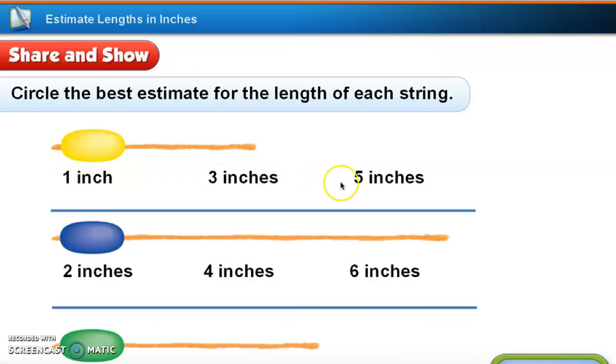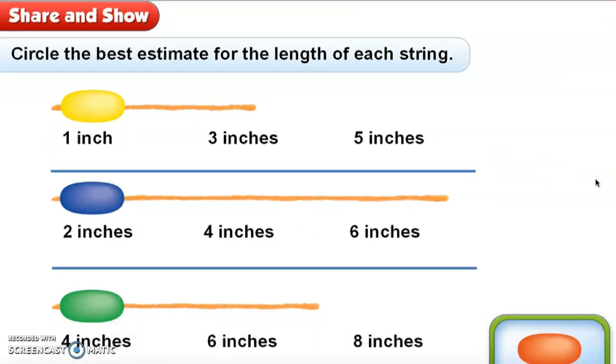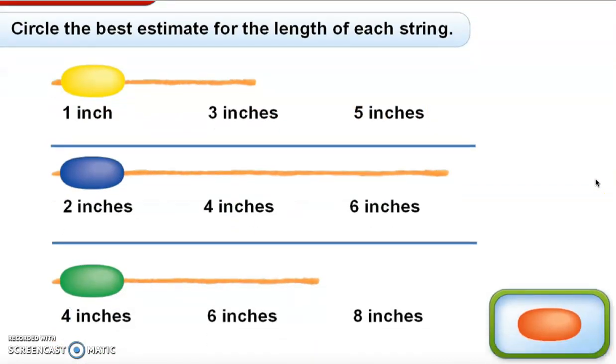Let's move on to the next activity now, and this one is going to have us actually using 1 inch beads, and then we're going to circle the best estimate for the length of each string. We're going to start with this one right here. Our options here are 1 inch, 3 inches, and 5 inches. Let's use the beads and cover up that string until we can't see almost any more of that string, and then we're going to count how many beads we use to do that.